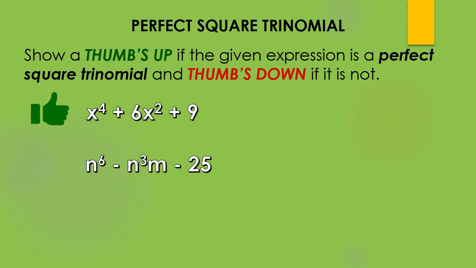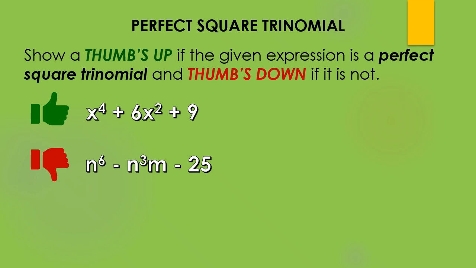How about the next expression? n raised to the 6th power minus n cubed m minus 25. Is this a perfect square trinomial? It is thumbs down. So why is this expression not a perfect square trinomial?